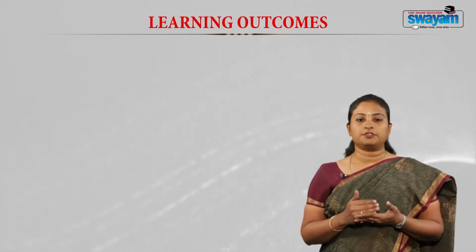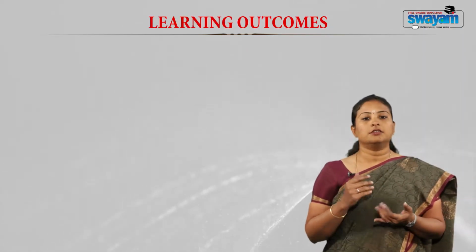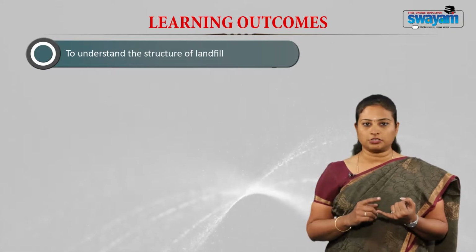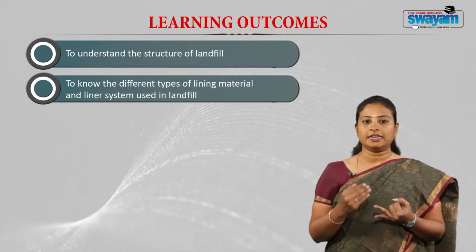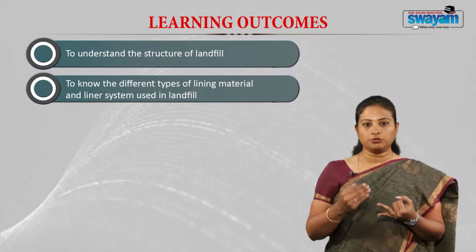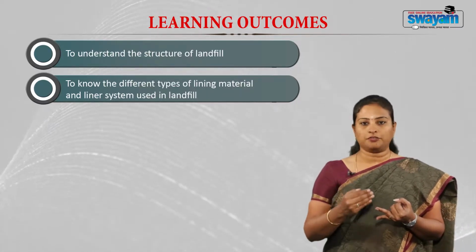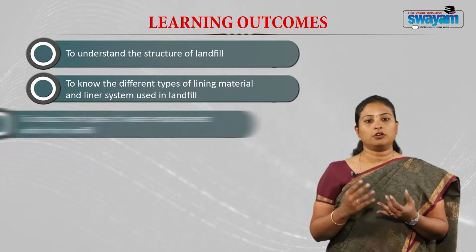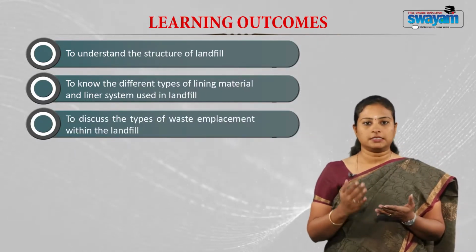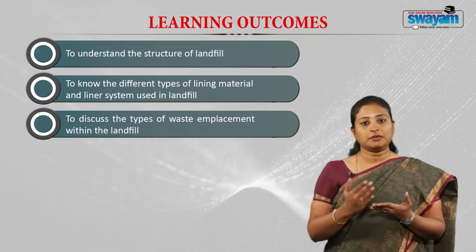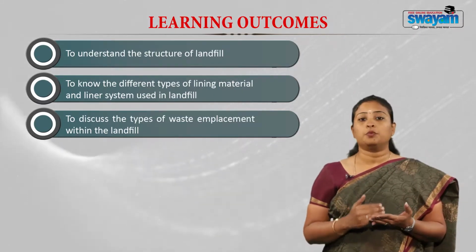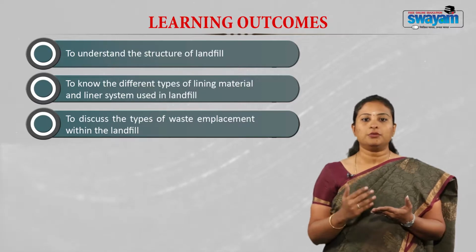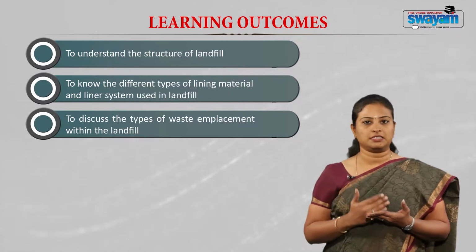The learning objectives of this module include: 1. To understand the structure of a landfill. 2. To define the types of lining material that are used for construction of a landfill. Then we will also discuss the different liner systems that are available, which become a component of a landfill. Then we will discuss the waste emplacement, that is, how the waste is loaded in a systematic manner.